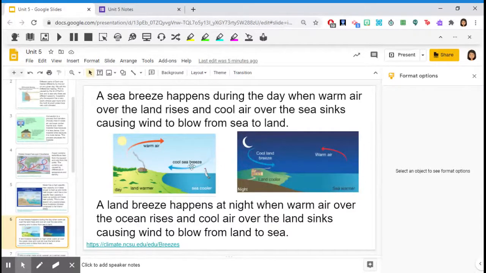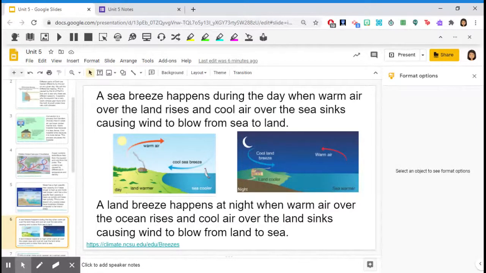So the high pressure, more dense, cool air is sinking in and coming towards the land from the sea. So a sea breeze happens during the day when warm air over the land rises and cool air over the sea sinks, causing wind to blow from sea to land and creating that cycle, that convection process. And that happens during the daytime in coastal areas.